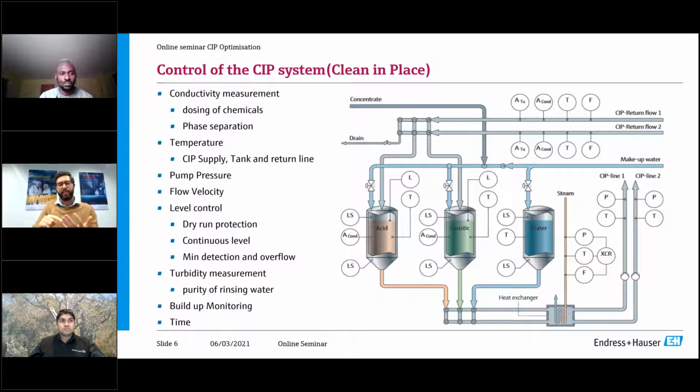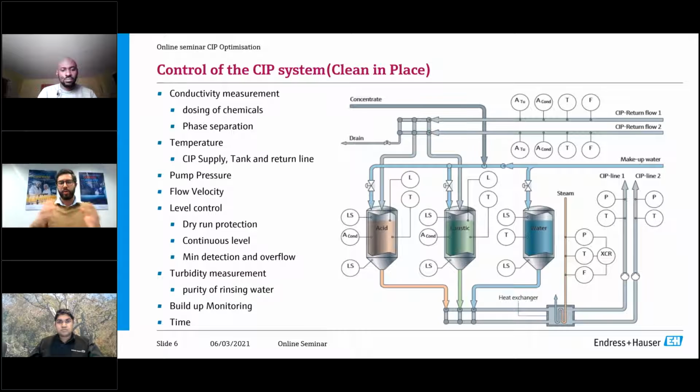As you already mentioned, we have four key factors that really affect the efficiency of our cleaning. We usually control three of them: the chemical action, the temperature action, and the mechanical action.